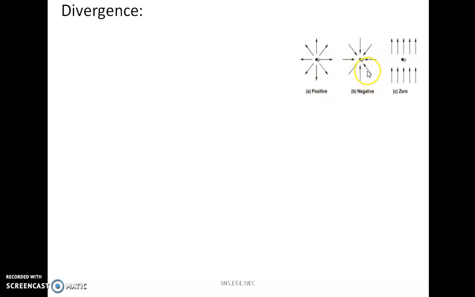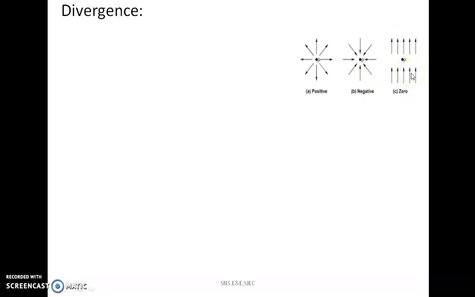In diagram B, the field enters point P, so the divergence at point P is negative. In diagram C, the same amount of field is entering point P and leaving it, so the divergence at that point is 0.